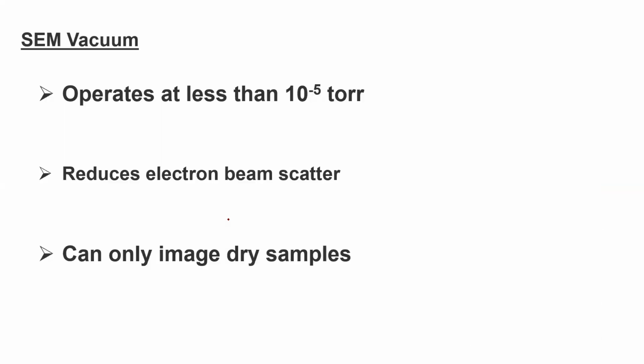In a typical SEM, vacuum is required because the electrons that we use for imaging will scatter off gas molecules and prevent us from focusing the electron beam on the sample. So it operates at less than 10 to the power of minus 5 torr, which reduces electron beam scatter.